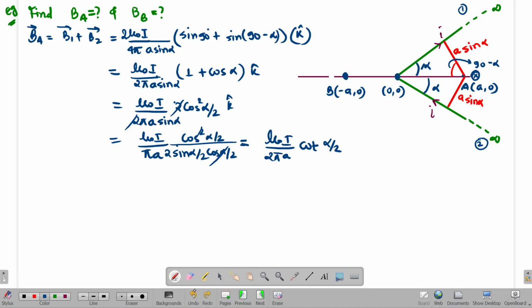Hmm, how to find the magnetic field at B? It is asking for B now. Okay, we'll have to consider that same approach.